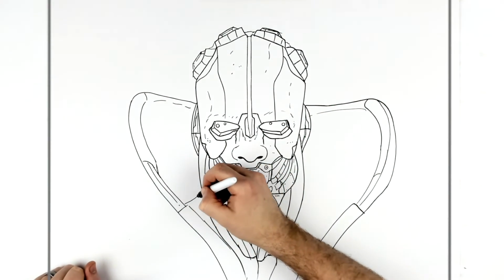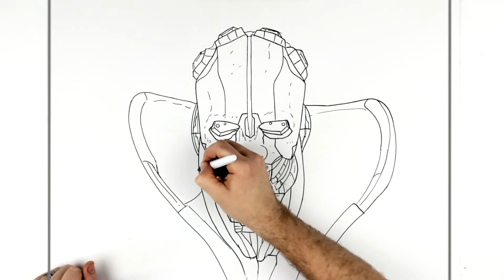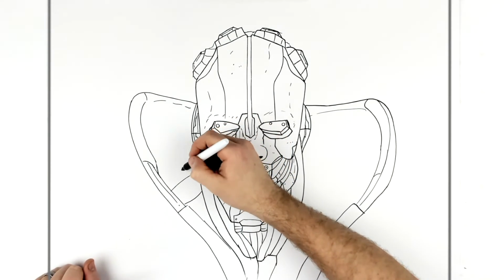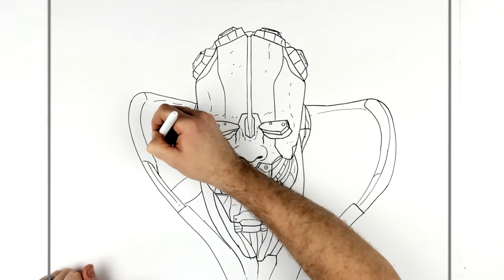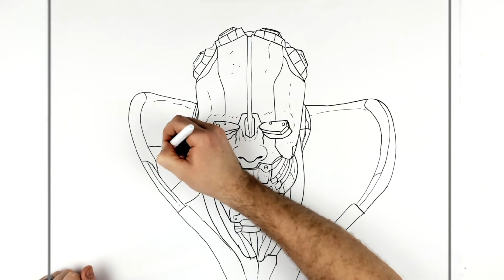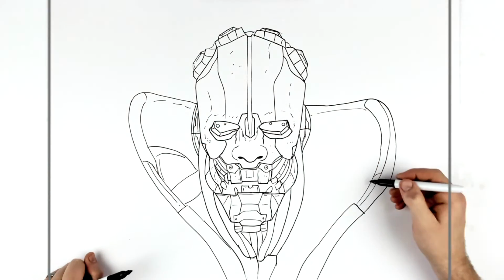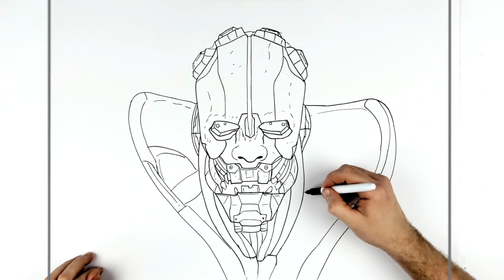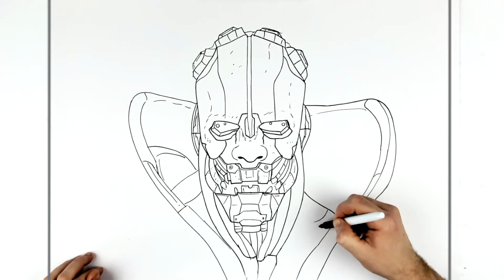And then inside we have more. Wouldn't even know what to call them. They're just like pads and inside layers. So lots of neck tubes and stuff.